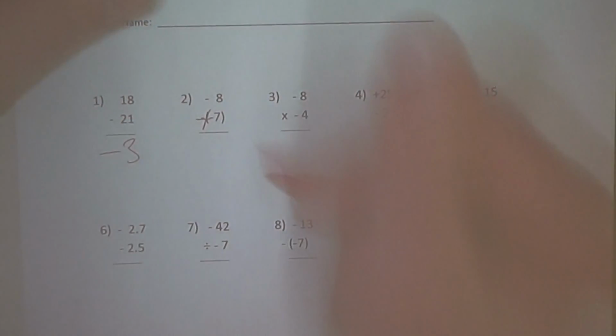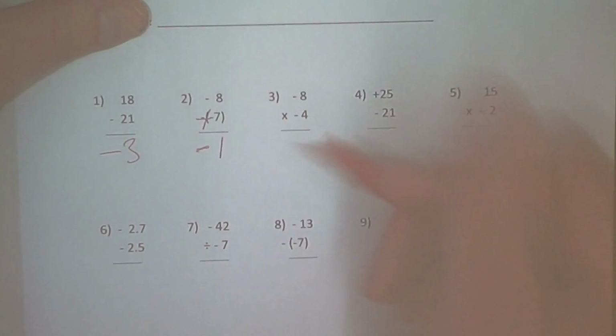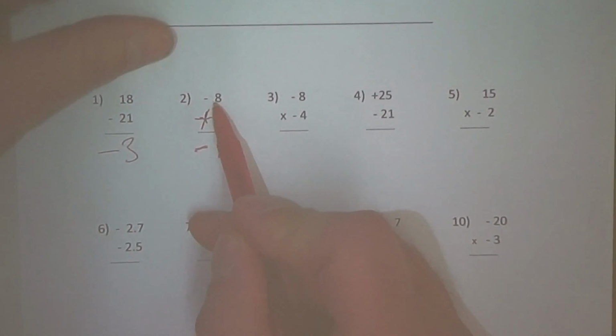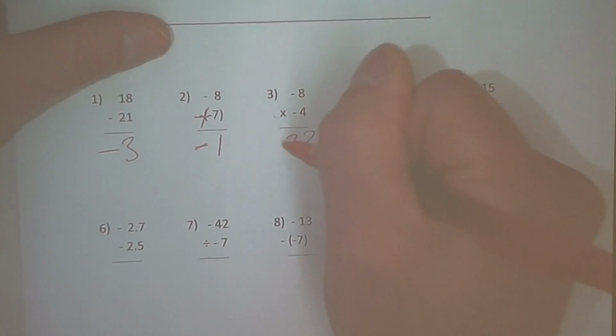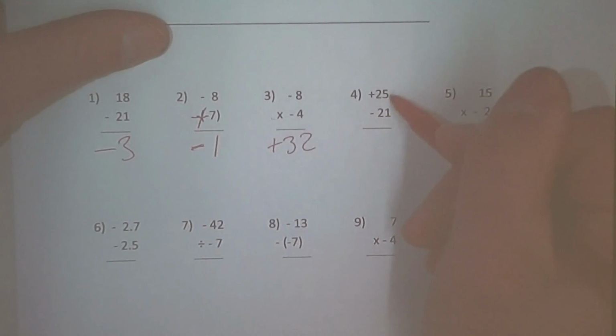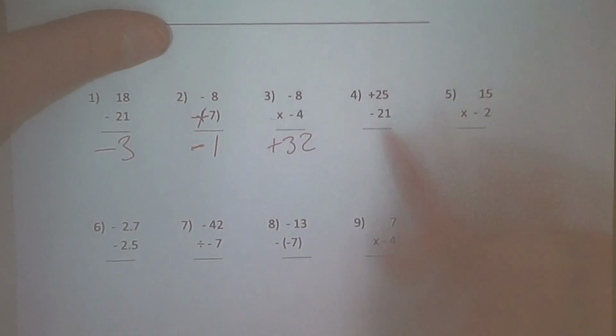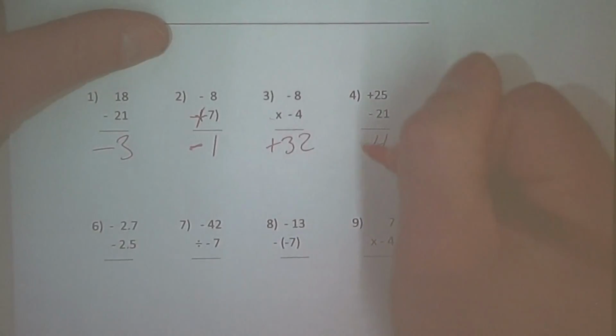These are now different signs, so I subtract, and 8 minus 7 is 1, and take the sign of the bigger number. 8 times 4 is 32. Negative times a negative is a positive. 25 minus 21, obviously those are two different signs, so I subtract and get a 4. My answer is positive.